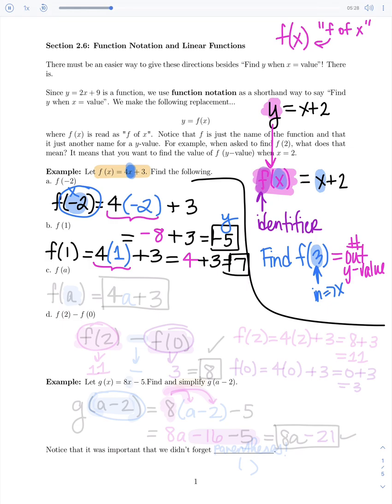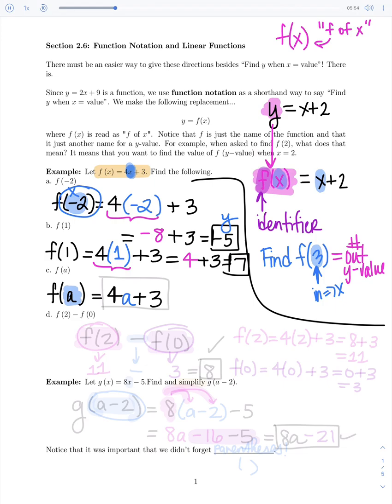Now this next one, C, looks a little funny. That is not a typo. That is f of a. What that's saying is replace any x's with what we've got here, which is an a. So it's going to be 4, and then the x gets replaced with an a, and then we have our plus 3.